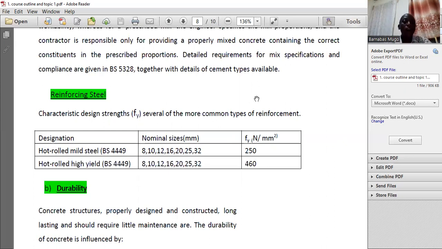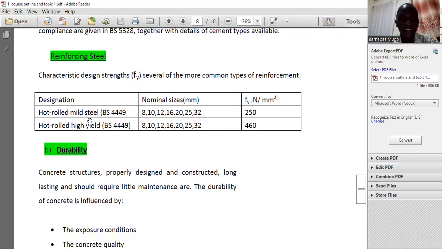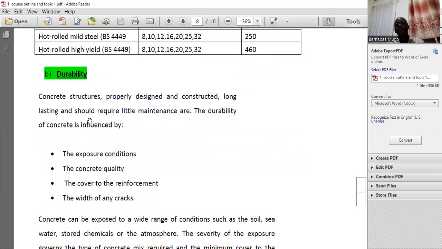But when we have hot rolled high yield steel, it has a characteristic strength Fy of 460 Newton per millimeter squared. So that is the only difference. Depending on the way it has been prepared, you can have two types of reinforcement, with characteristic design strength of steel of either 250 or 460 Newton per millimeter squared.